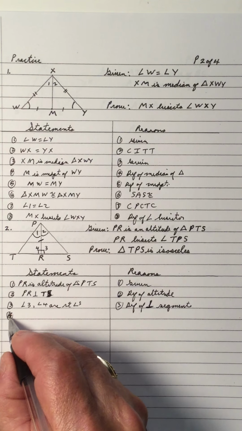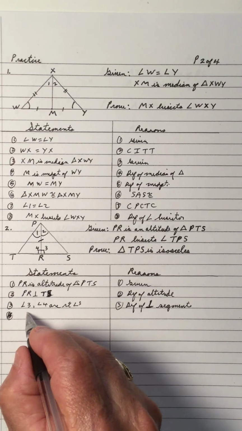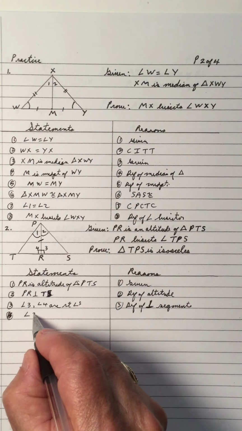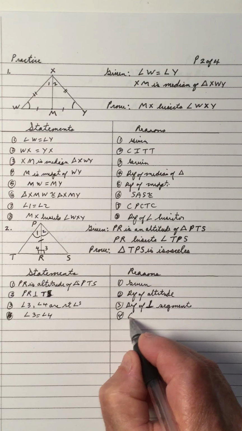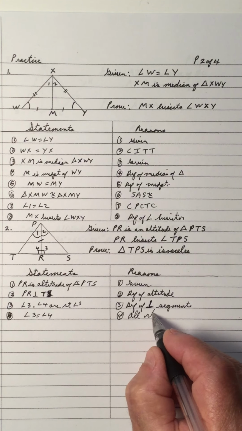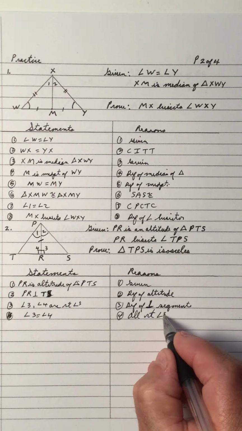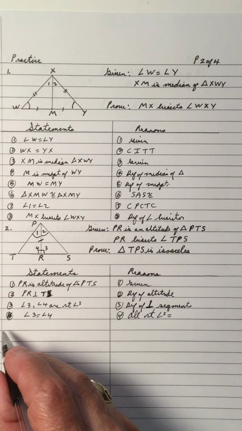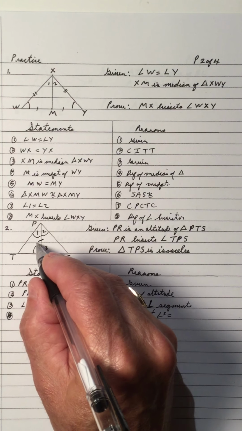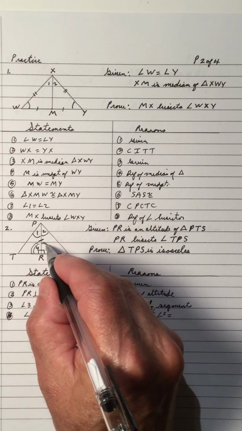Oh, that's number 4. I'm going ahead of myself now. Because angle 3 and angle 4 are right angles, angle 3 equals angle 4. All right angles are 90 degrees, so they're all equal. So we got angle 3 equals angle 4.